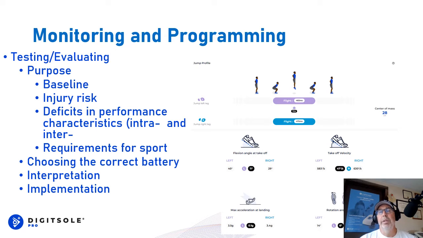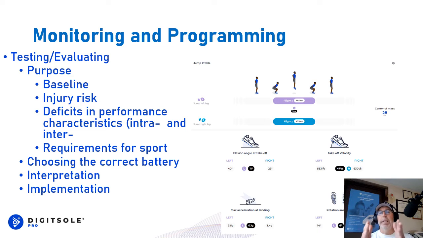Also, some of these tests give us some injury risk characteristics, so predictability to some of these patterns, such as landing characteristics in dynamic knee valgus, for example, that we can capture from a performance test like a single leg vertical jump. But in general, giving us an opportunity to figure out where the deficits are in performance. Where can we make some of these changes to get them better, right? Relative to what it is that we're measuring and what we know to be important from an athletic standpoint.